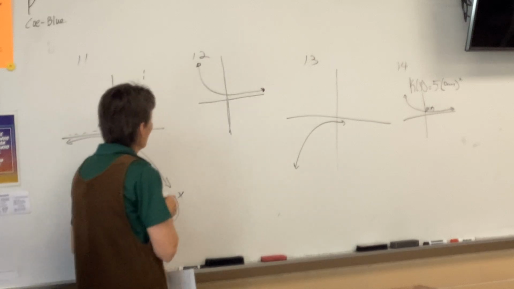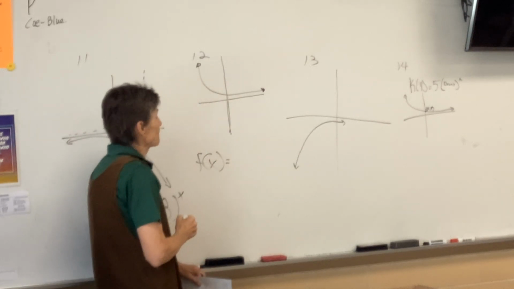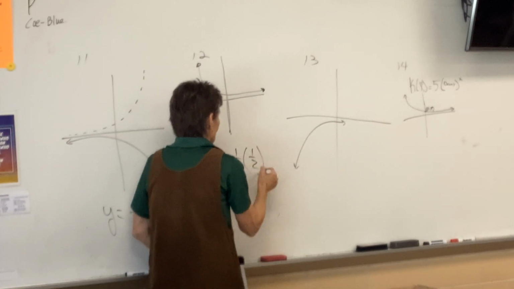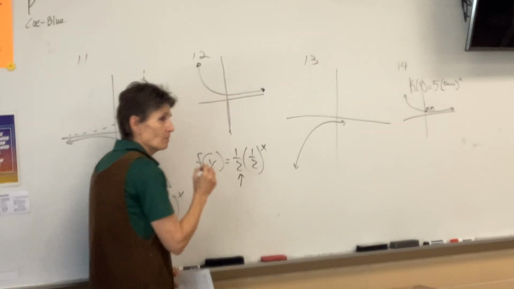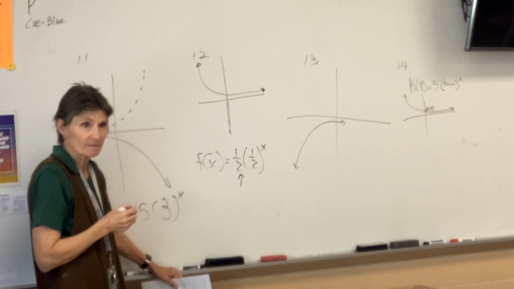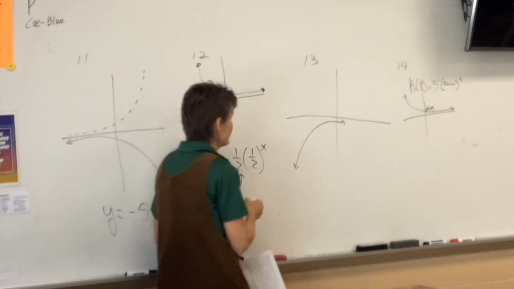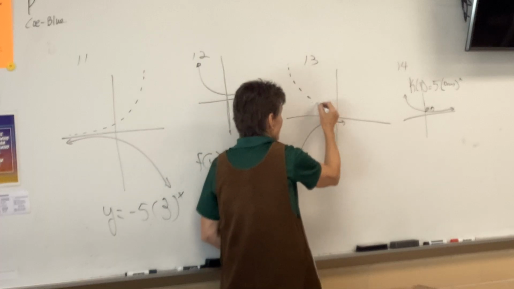Perfect. How about this one? What's a possible equation for this one? 1/2 times 1/2 to the x. Perfect. Remember, this doesn't matter except for being positive and negative in terms of the shape. Perfect. How about this one? This one is the upside down of this one.